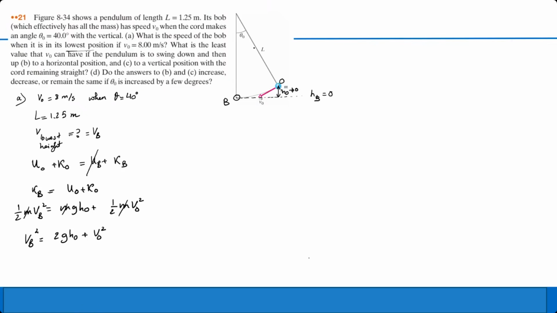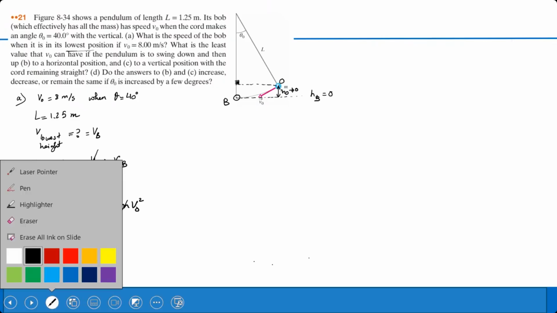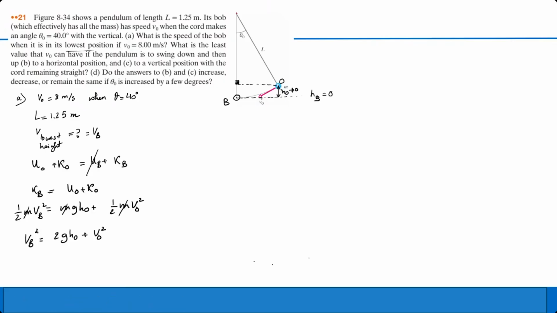I know the length L, I know the angle theta. What I will do is similar to problem 8, which we solved before. I will take this right triangle. I'll mark it in red so you can see clearly which triangle I'm talking about. I'll take this triangle.